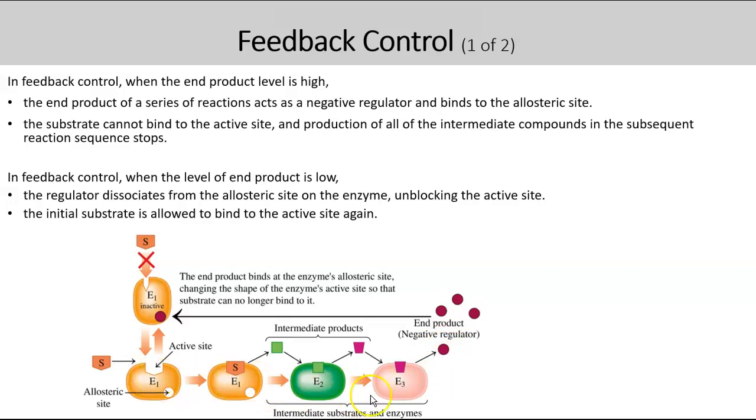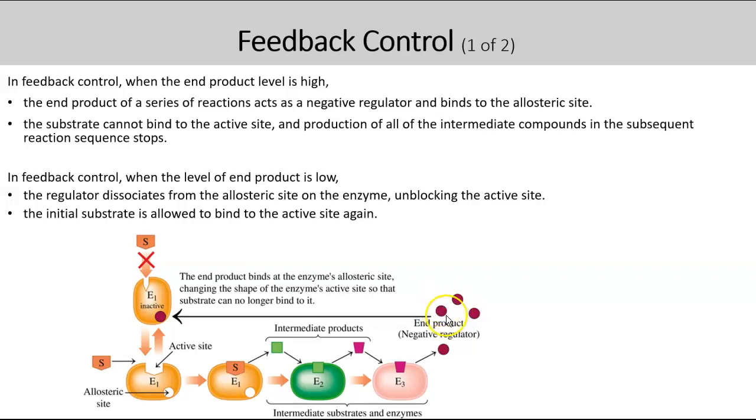Now, as the reaction progresses, if this reaction needs to be stopped, or if the reaction rate needs to be decreased when there is an excess amount of end product, it's normal for the reaction rate to decrease.